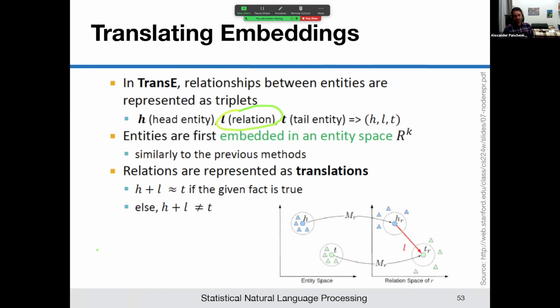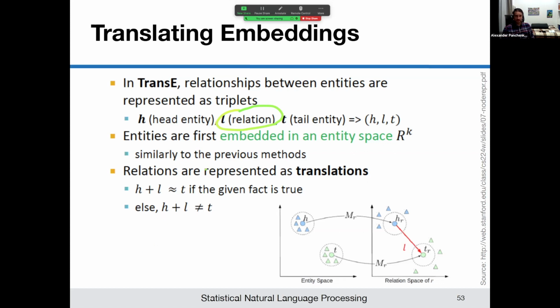Like knowledge graphs, as I showed you: Michael Jordan was born in Michigan, or Michael Jordan played for the Chicago Bulls or something like this. And these are not exactly the same links.